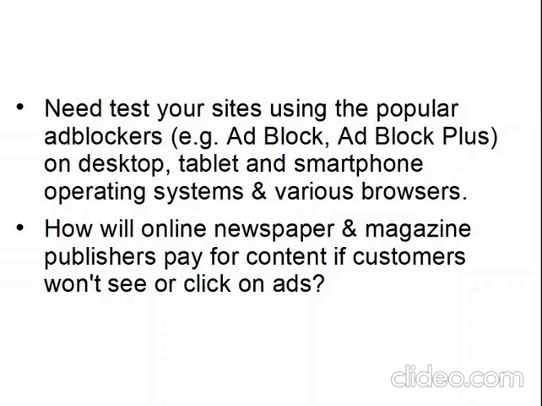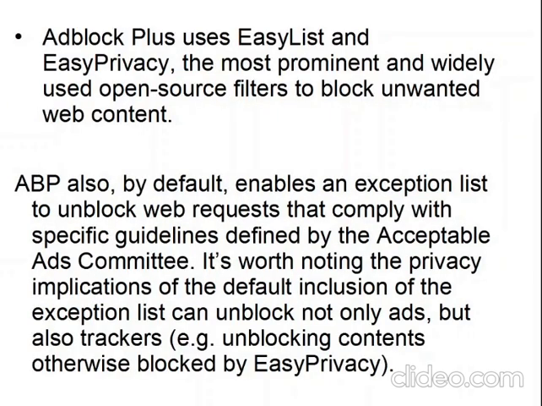And there's the bigger picture of how will online newspaper and magazine publishers pay for content if the customers won't see or click on ads. There's consequences to not funding journalism, essentially. So think about that in terms of your own use.